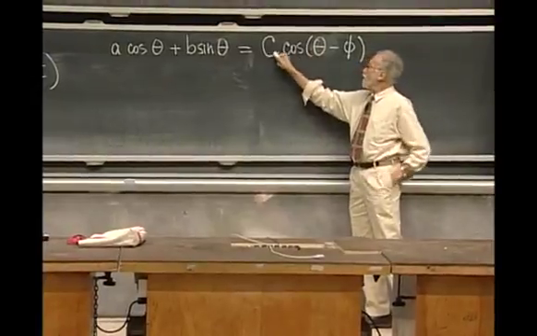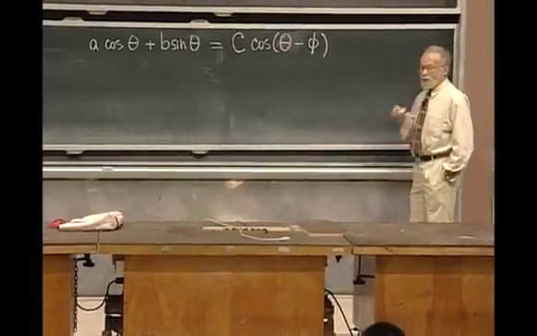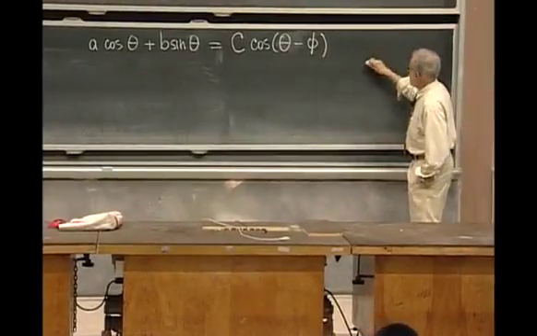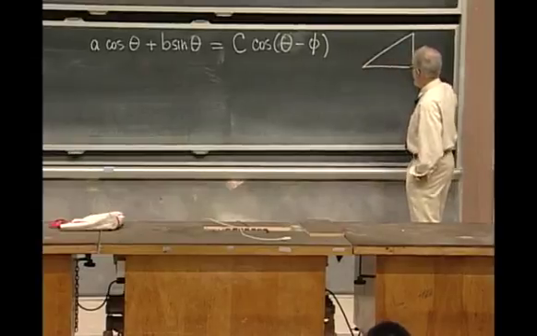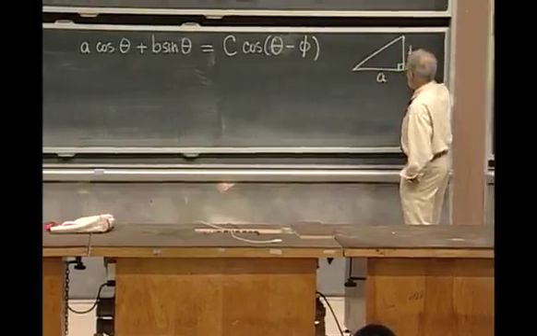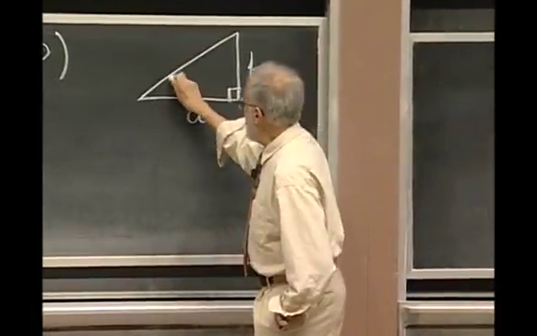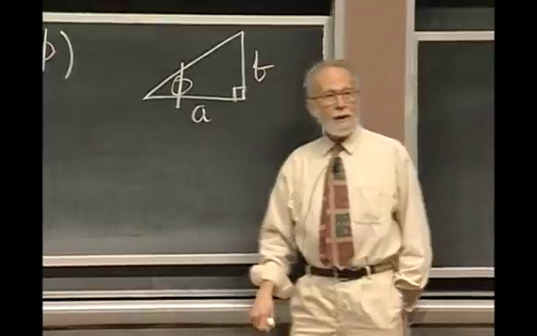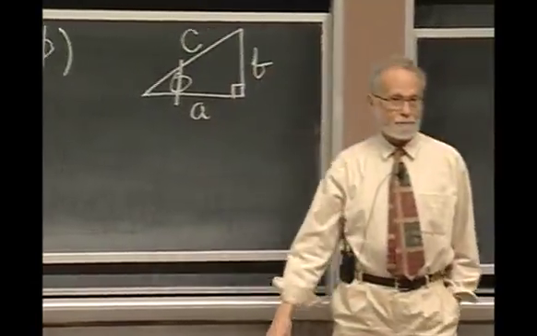What they don't remember is what the C and the phi are, how to calculate them. I don't suggest you memorize the formulas for them, but you can if you wish. Instead, memorize the picture, which is much easier. Memorize that A and B are the two sides of a right triangle, phi is the angle opposite the B side, and C is the length of the hypotenuse.